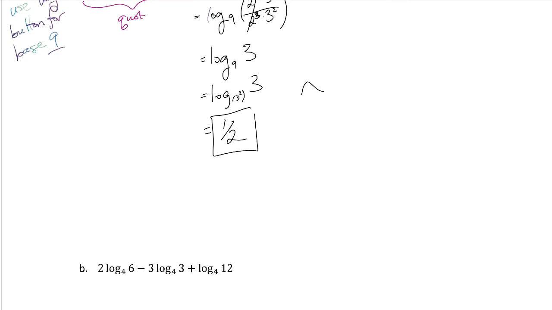Okay, and again, at this point, if you're not quite comfortable with log notation, you can rewrite things for yourself as 9 to the power of n equals 3, which is 3 squared to the power of n equals 3.